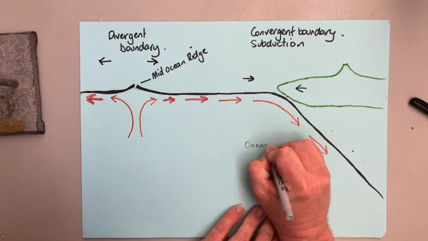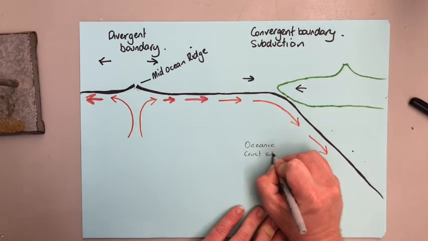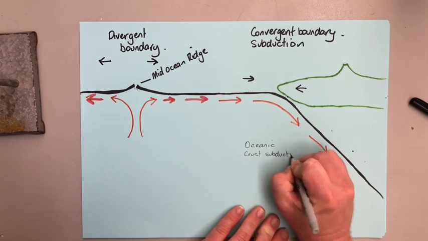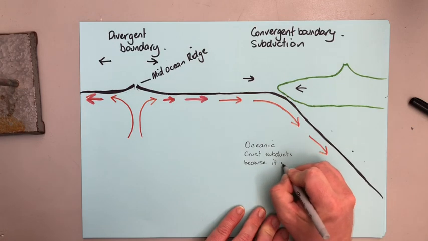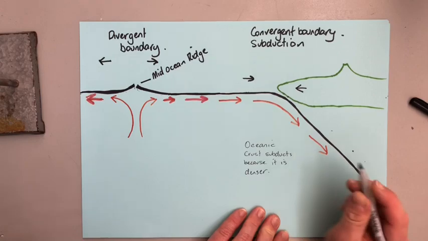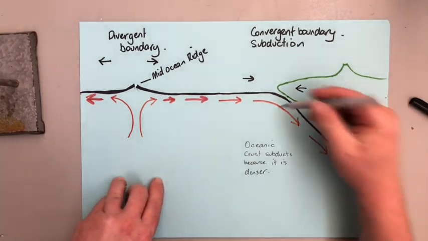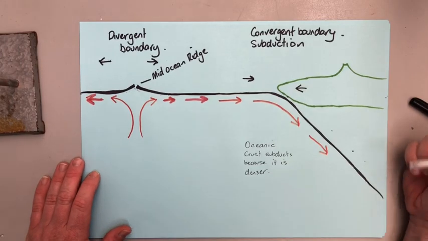Oceanic crust subducts because it is denser. Good. So, as it subducts, we get a whole load of features occurring here.